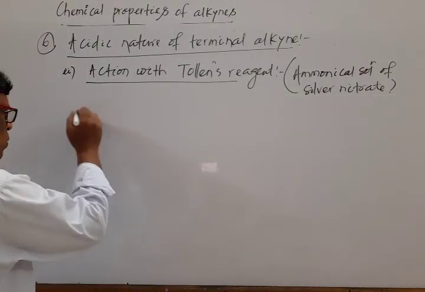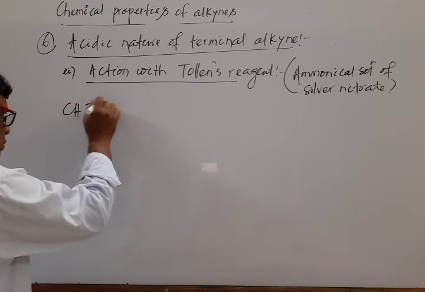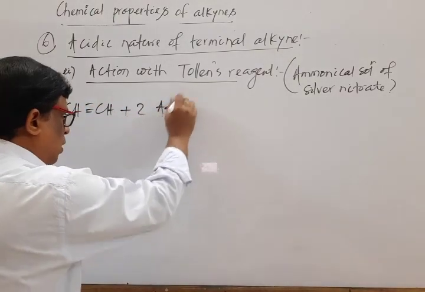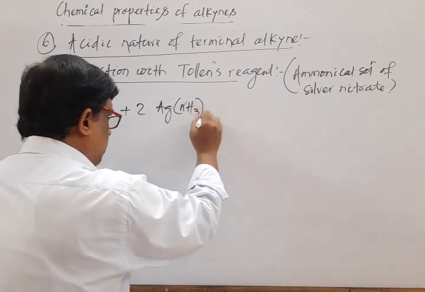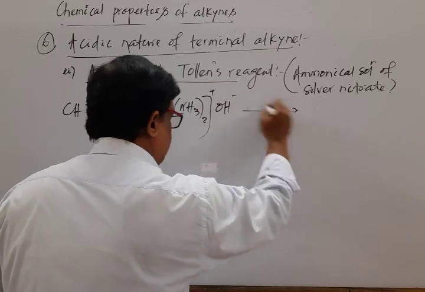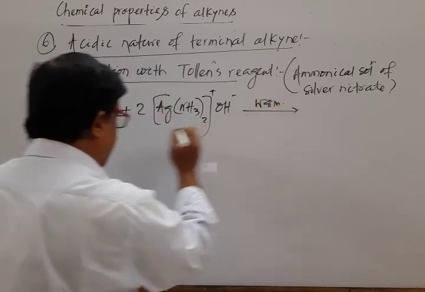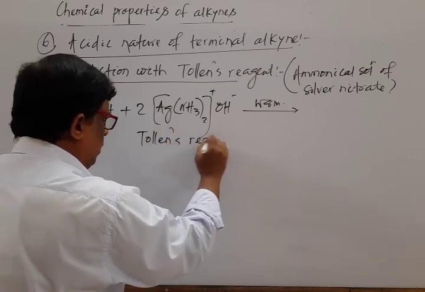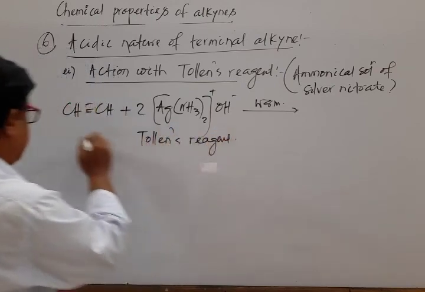So, first we write the equation: acetylene plus the complex formula of Tollens reagent, diamine silver hydroxide, known as Tollens reagent.